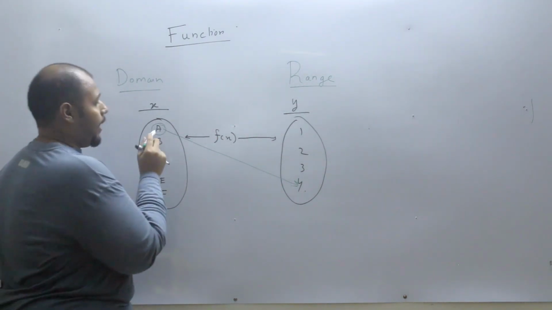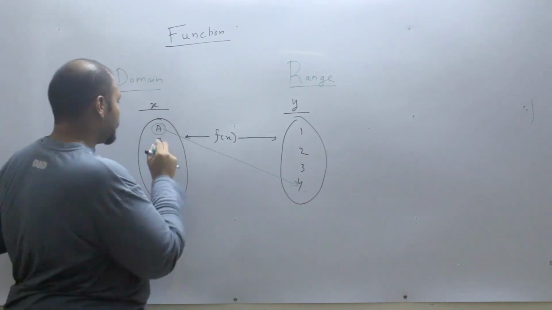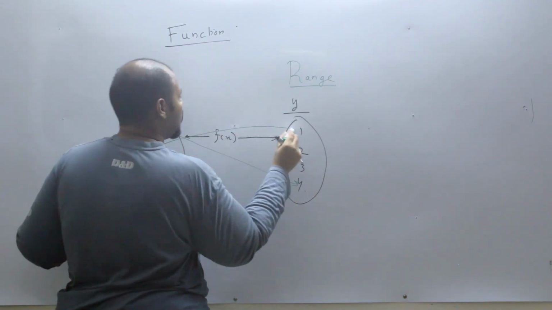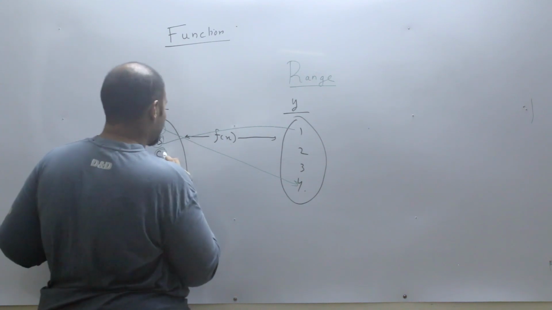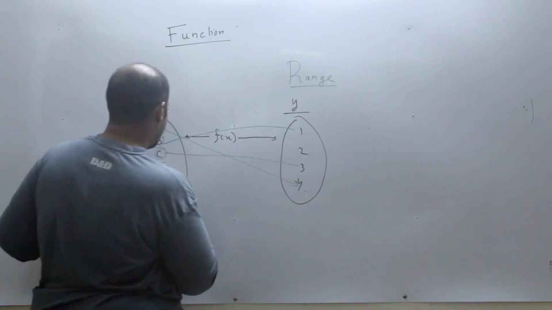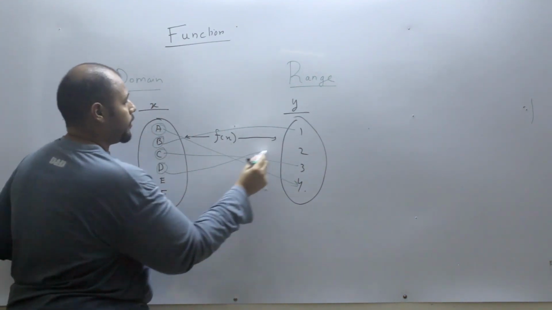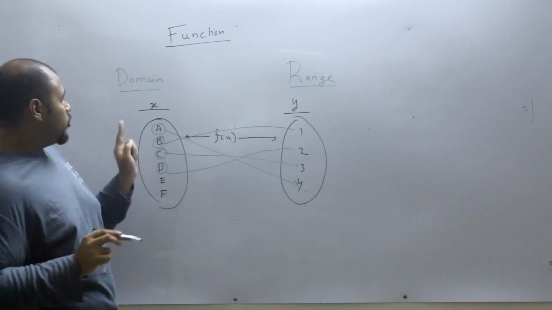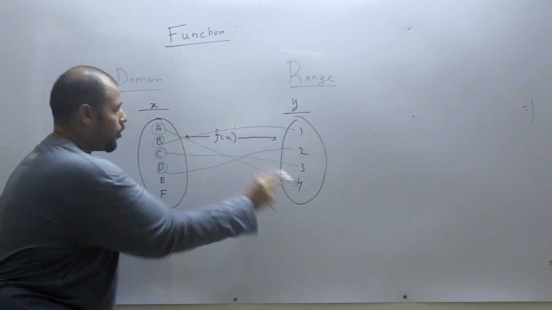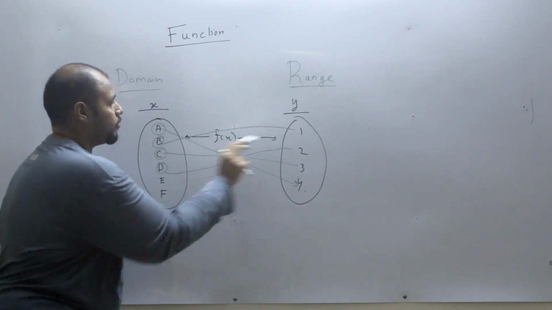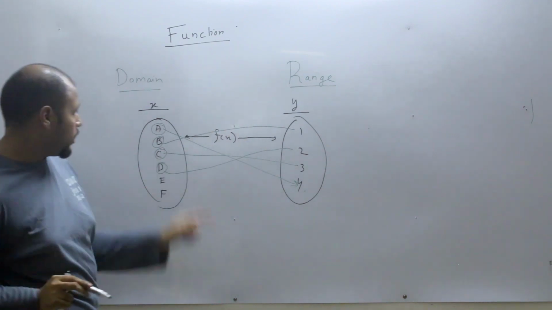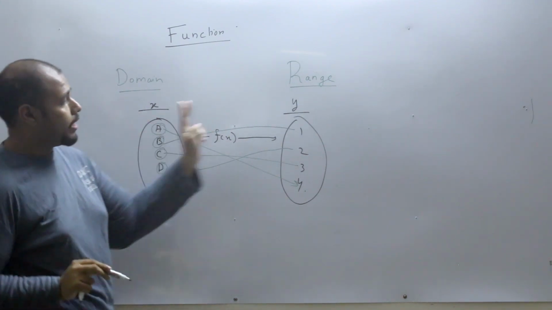So A gets mapped directly to 4, B gets mapped directly to 1, C gets mapped directly to 3, D gets mapped directly to 2. So this is the domain which is getting mapped to the range.